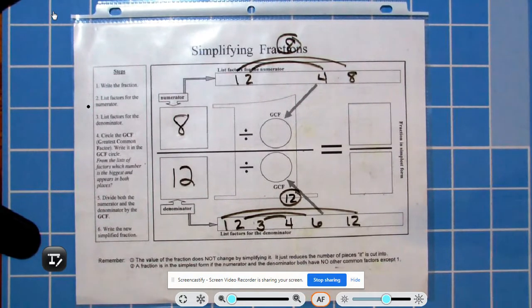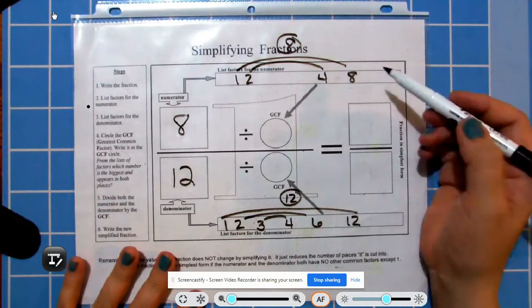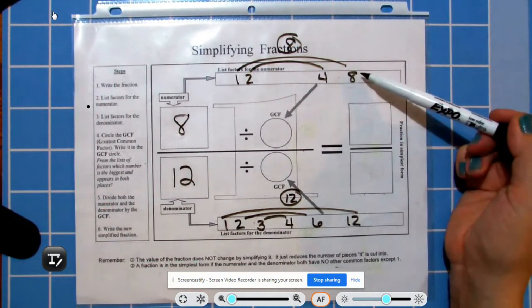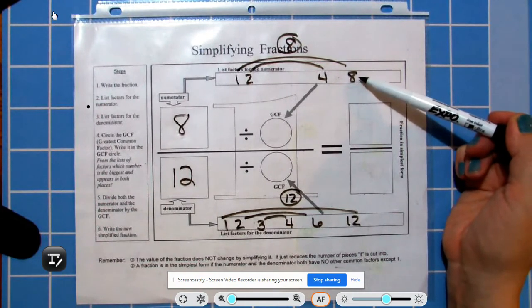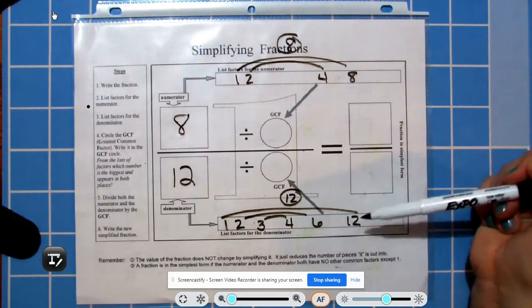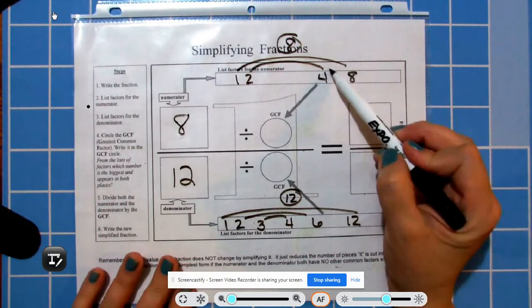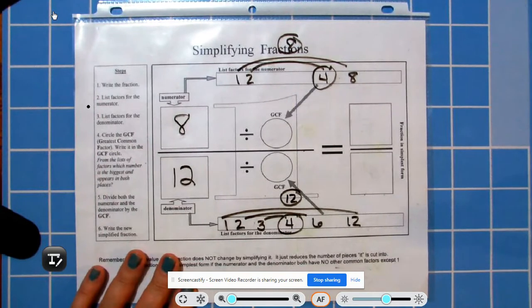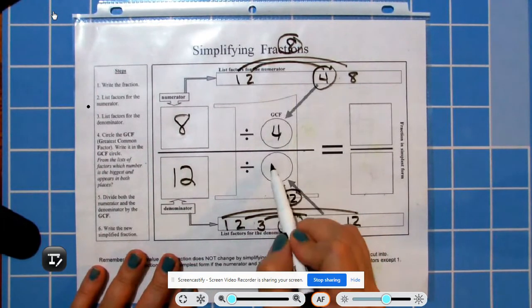Now we have to find the greatest common factor. I like to start with a rainbow that has fewer factors like this one, and then start with your biggest factor. This rainbow has 8. Do we have 8 in this one? No. This rainbow has 4, and this rainbow has 4. So your GCF is 4.